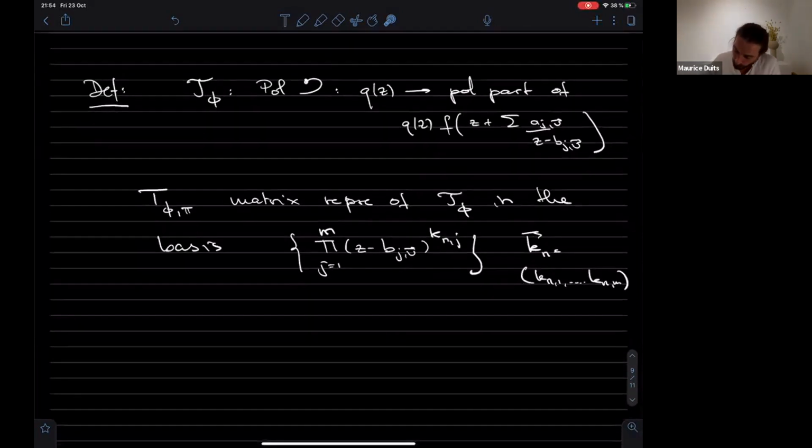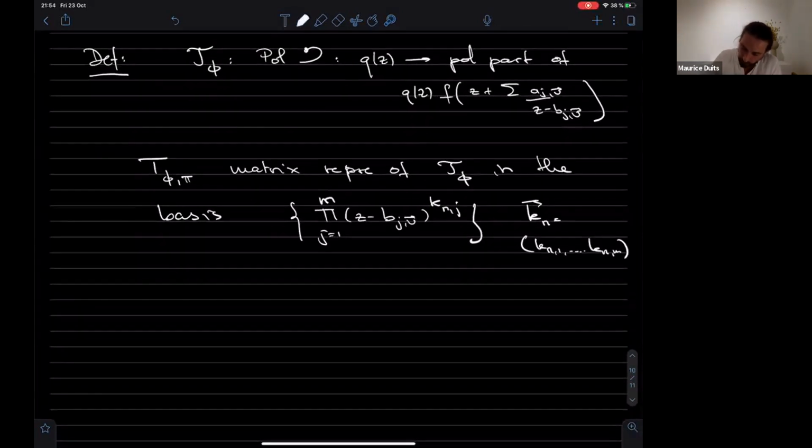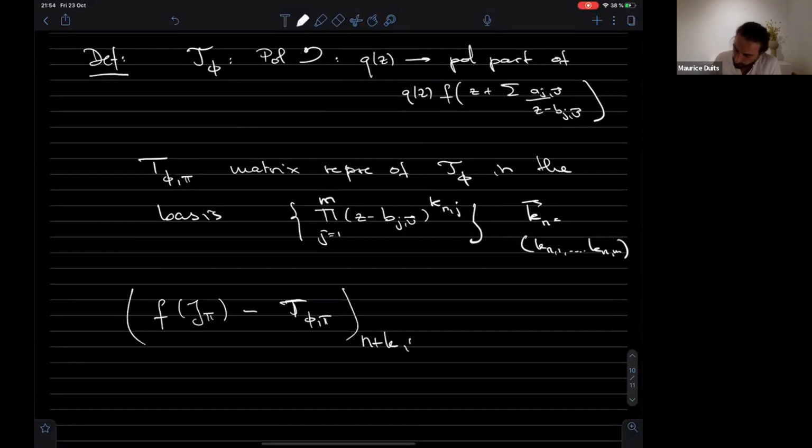And what you can prove is that your f of J P that you're interested in, minus this T phi P, around the n entry, goes to 0. So that's a lemma. That's the first lemma.